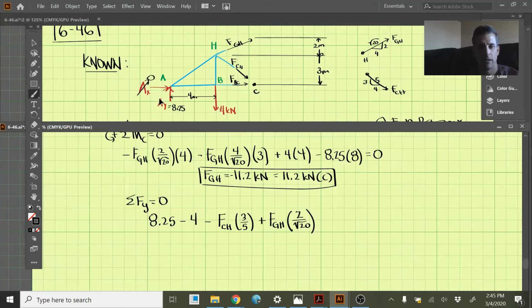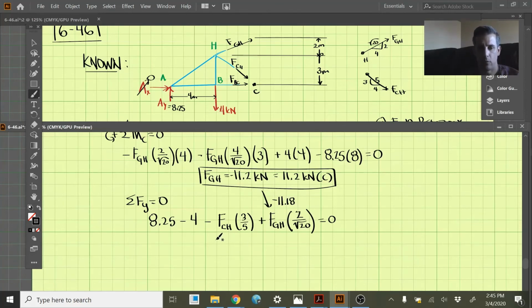All right, so did we get them all? Yeah, I think we got them all. And set this equal to 0. I maybe rounded a little too early on this part of the problem. We would actually put in to FGH negative 11.18. That's the more precise before I rounded here.